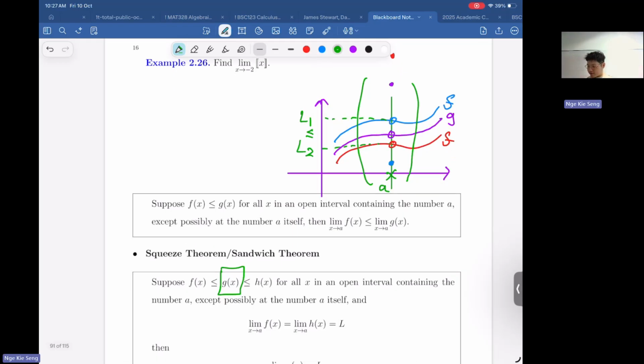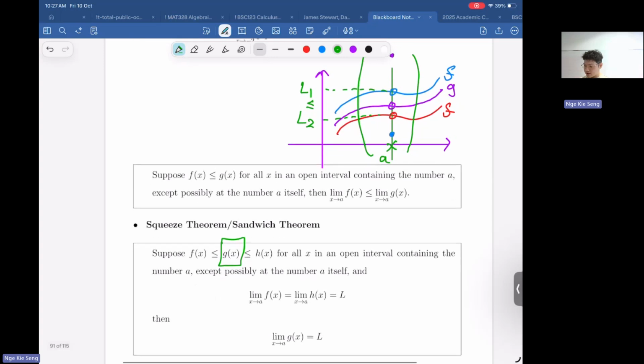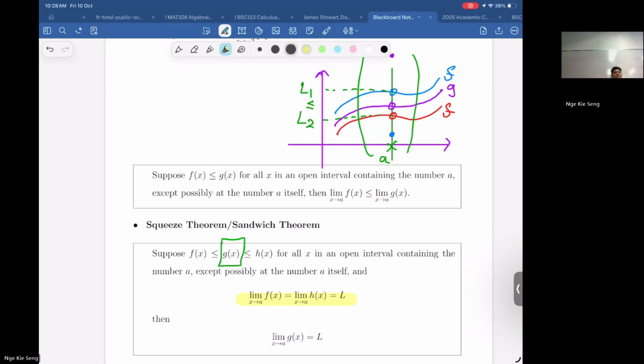Okay, one more condition, very special, this condition. This condition will make things work. Otherwise, it won't work. So let me highlight it. What does this mean? The limit of f(x) equals the limit of h(x) equals L. From that picture, can you tell me what it means?